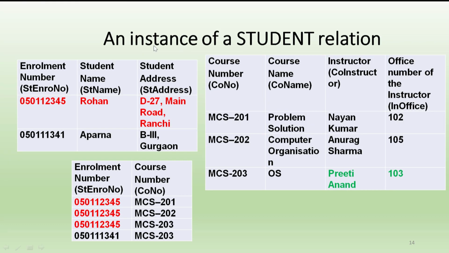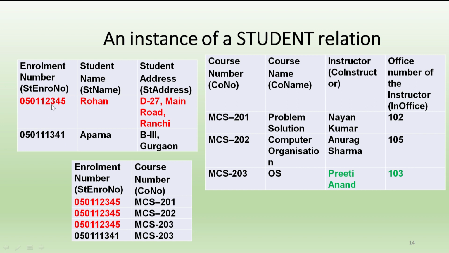Our example we now break into three tables. The first table: the name of the student, which appears in red, was appearing in three different places in the initial table.